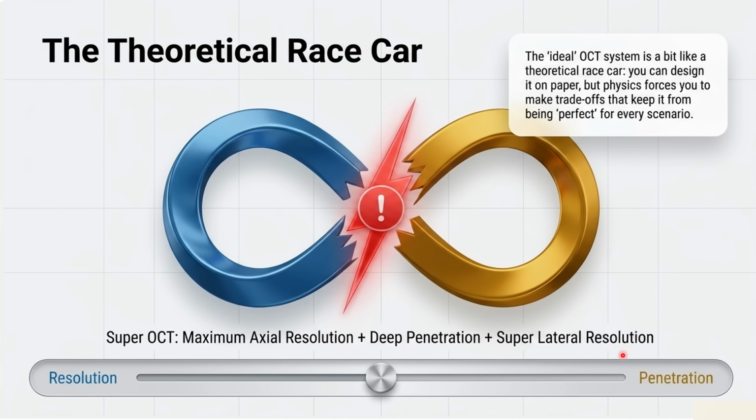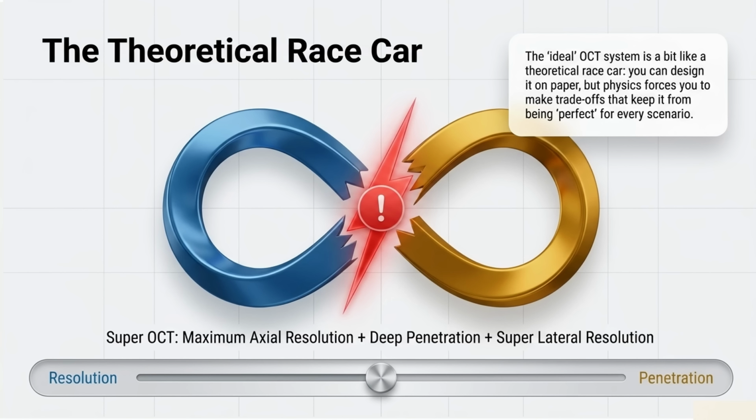Some points we have discussed before, but here I would like to highlight that this is a theoretical suggestion: the ideal OCT is like a theoretical race car that you construct and design on paper, but when you go into reality, it is stuck with physical barriers, so it will not achieve what you have drawn for it.